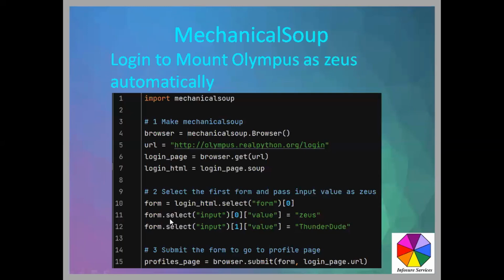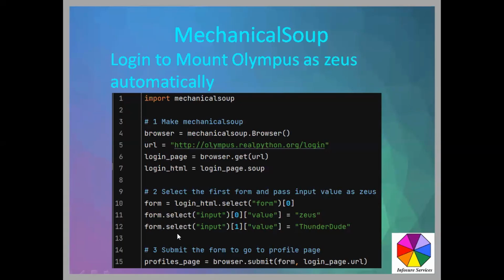Okay, and so that's form.select. The form has an input type of HTML. The first one is the username, and its value we are setting to Zeus, and this input is password, we are setting the value to Thunderdew. So that's what's going on here, and then submit the form to go to the profile page.